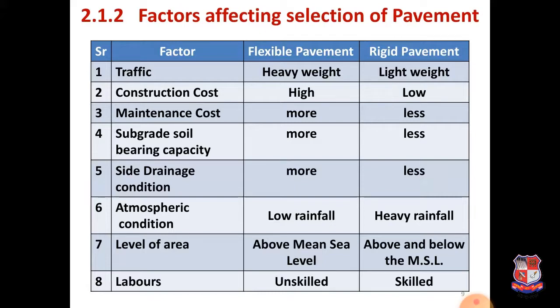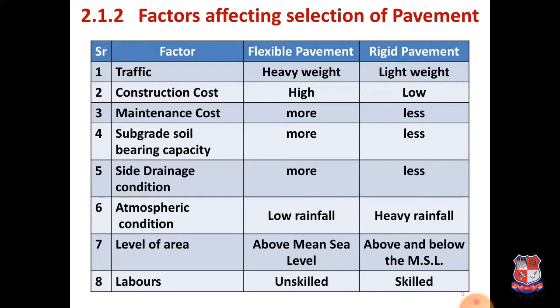So when the budget is low, or the road is constructed in a short amount of money, in shortage of money or in low cost construction, we select rigid pavement.